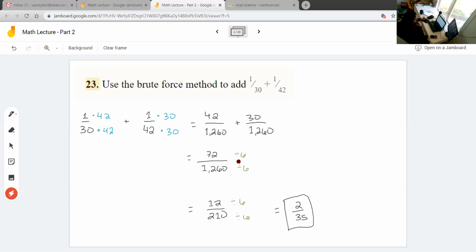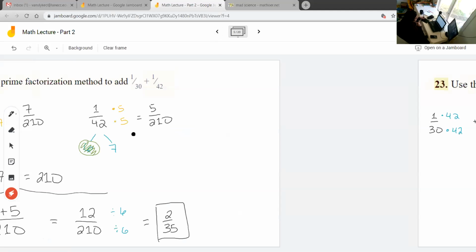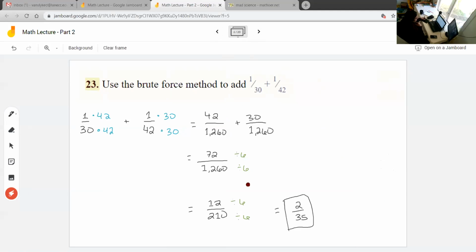If you didn't see the 6, I could do divided by 2, divided by 2, divided by 3, divided by 3, right? You can whittle away at it with very small steps of reducing if that's what's best for you. So if reducing isn't too bad for you, and factor trees are, then skip the factor trees. Just do this method.